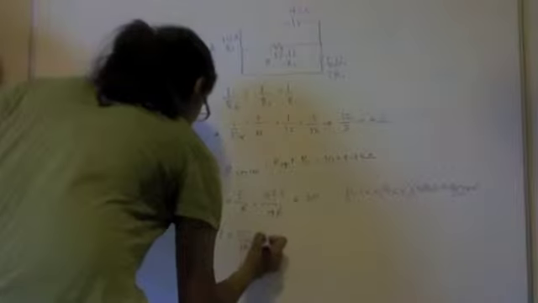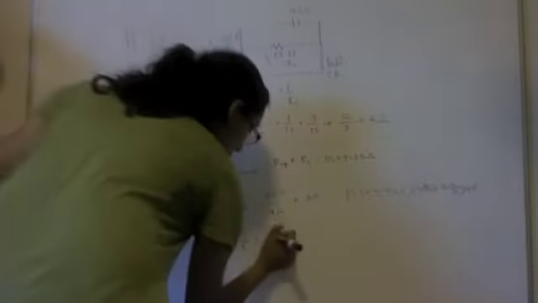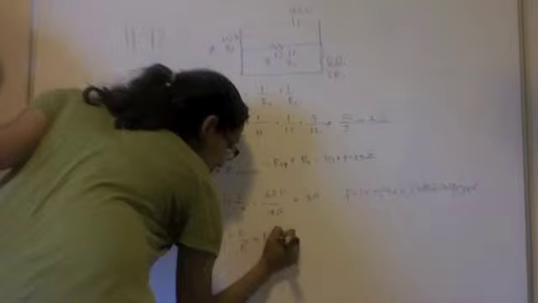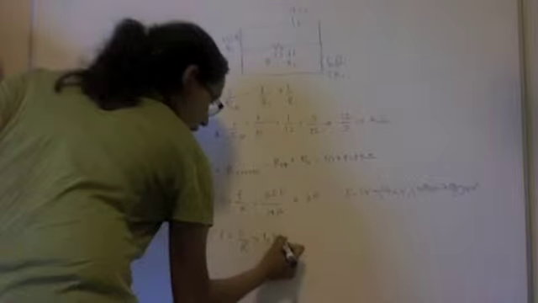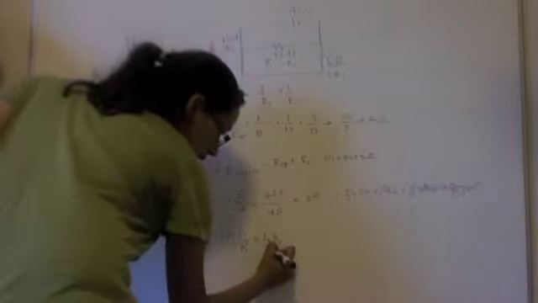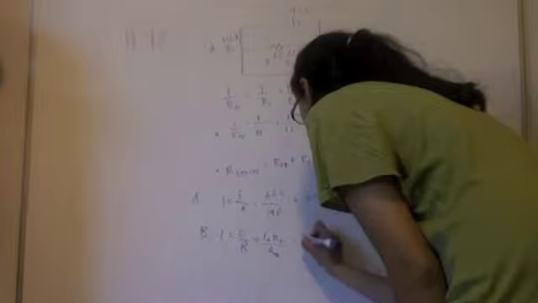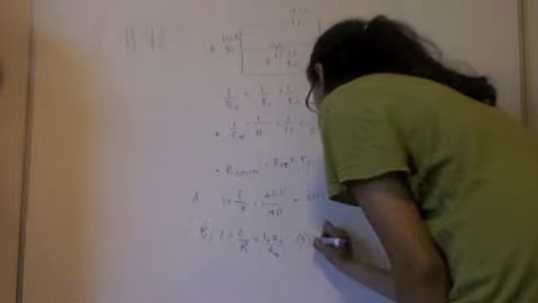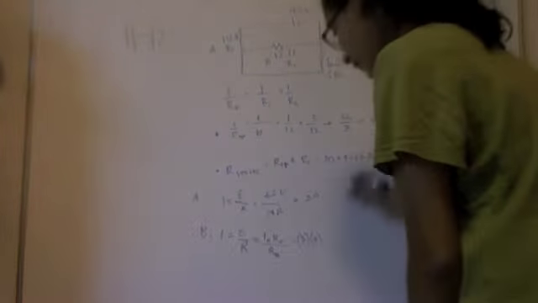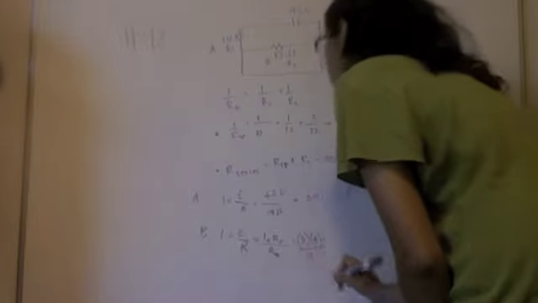So V is equal to I A times the resistance of the parallel, and then divided by the resistance of B. This is going to give you 3 times 4, as we figured out up here, over 12, since that's the resistance of that resistor.